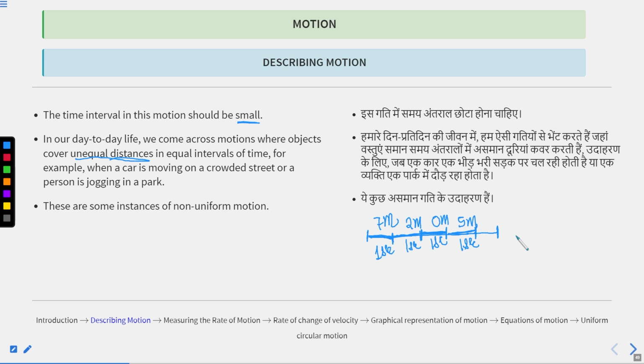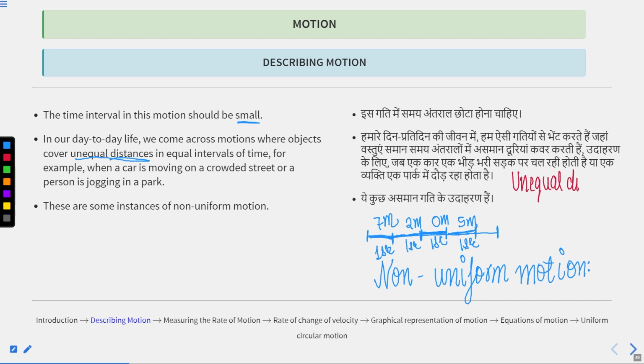This is the example of non-uniform motion, and what it means is unequal distance in equal interval of time.